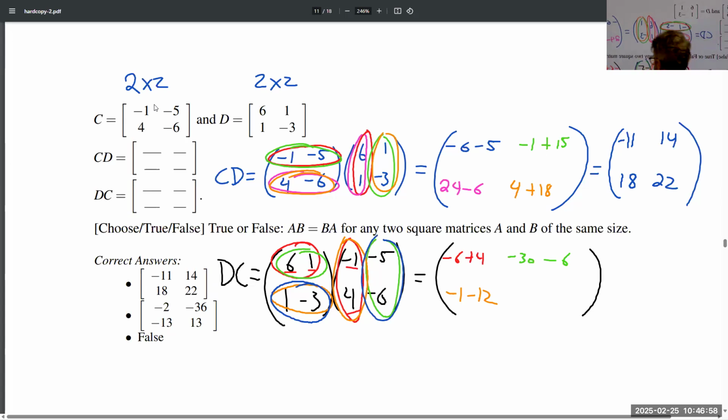So that would be -5 plus 18. We'll find that to be +13. Not the same. It is not the same.